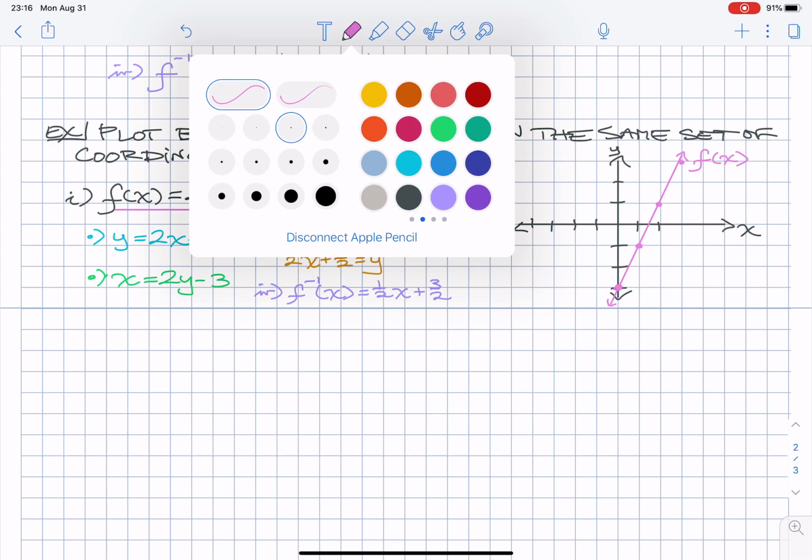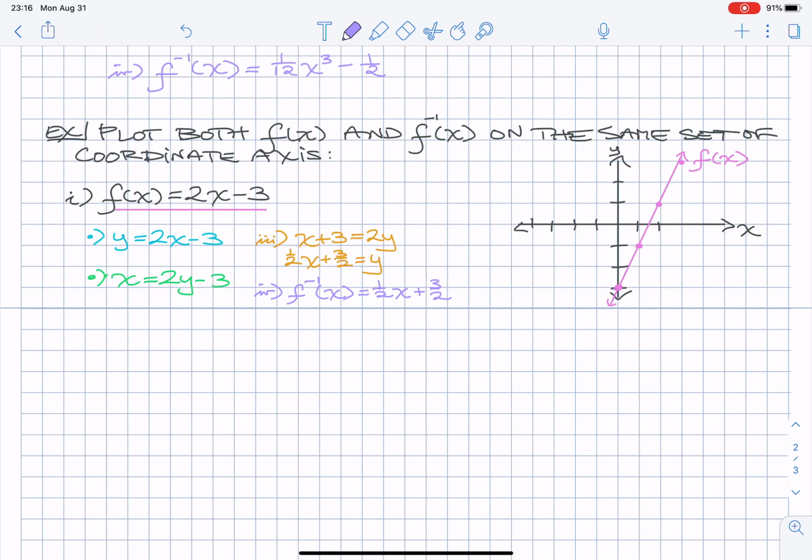And my f inverse of x has a y-intercept of 3/2, or 1.5, and a slope of 1/2, meaning I rise 1 and run 2, or rise negative 1, run negative 2. Okay, so I should get something that looks like so.